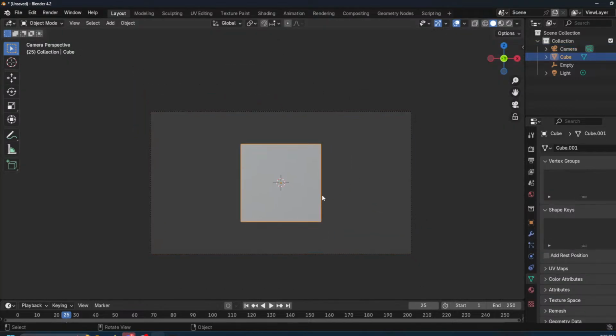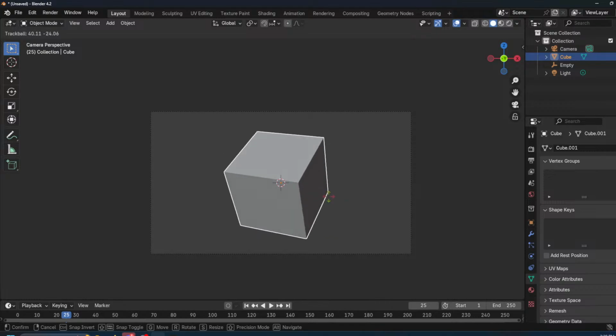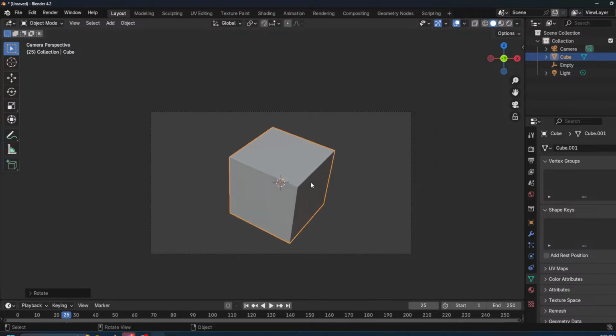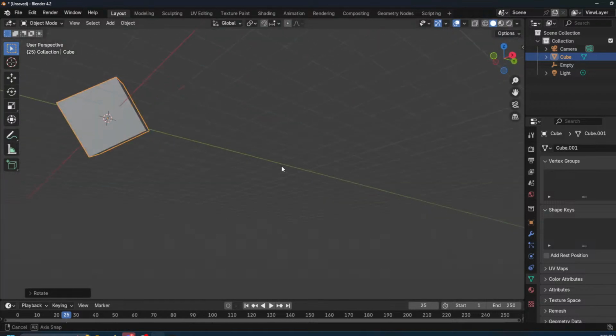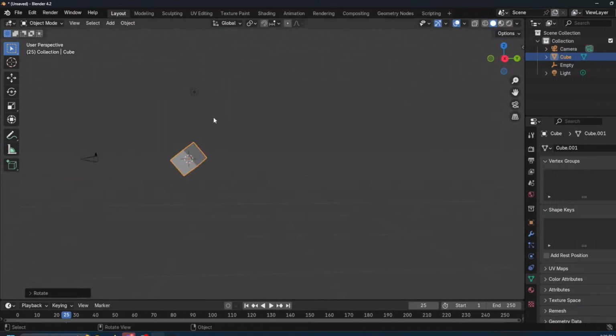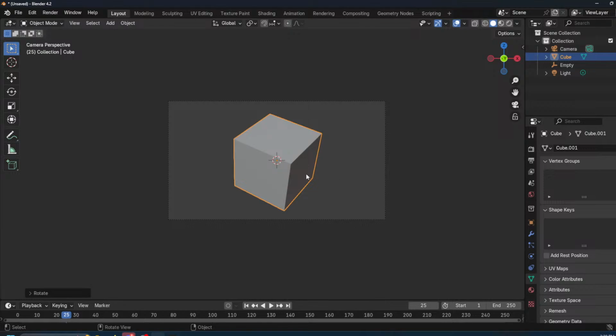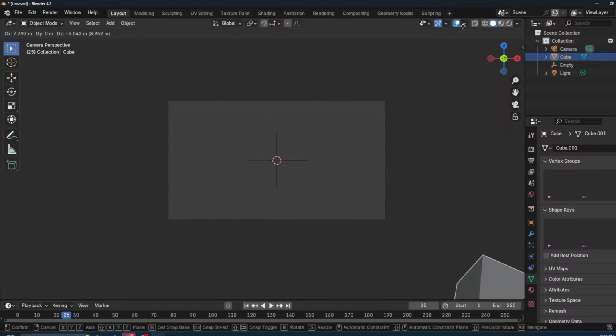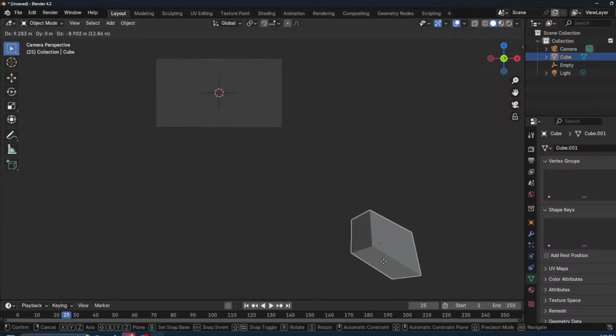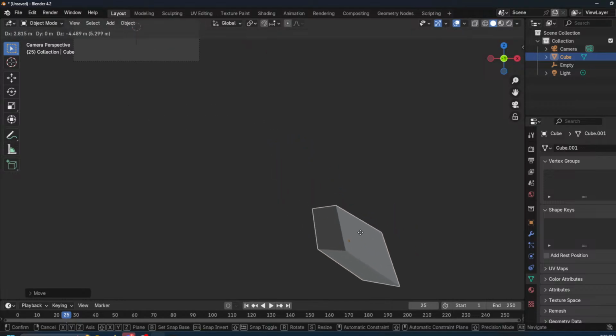I'm going to turn the cube. It is not straight onto the camera at all, so all three of these directions will need their vanishing points. But I'm going to move it off down here. You see it starts to distort.